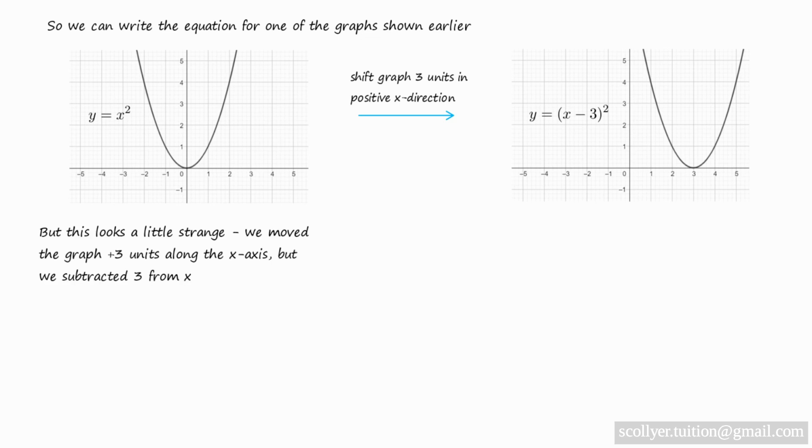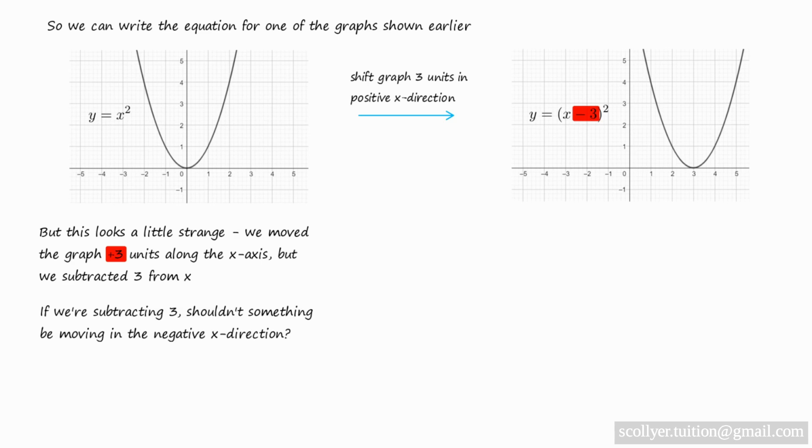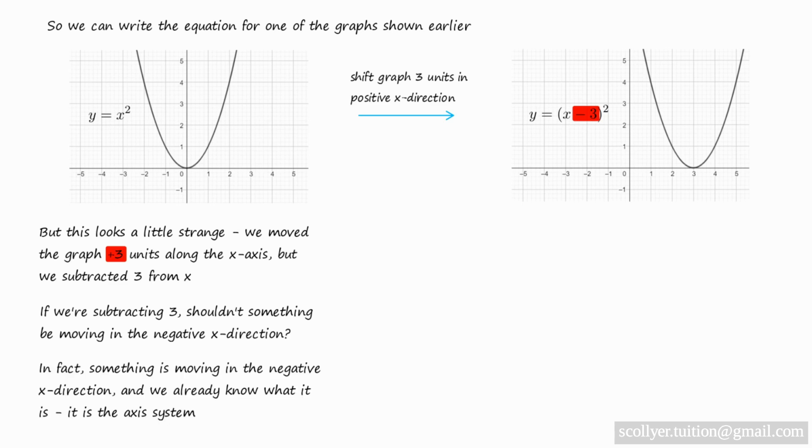But this looks strange, doesn't it? Because we moved the graph plus 3 units along the x-axis, but we subtracted 3 from x. What's going on? After all, if we're subtracting 3, shouldn't something be moving in the negative x direction? Well, it turns out that something is indeed moving in the negative x direction, and we've already seen what it is.